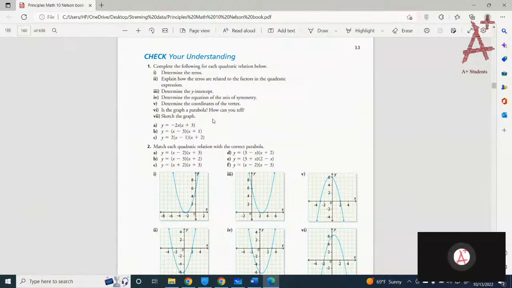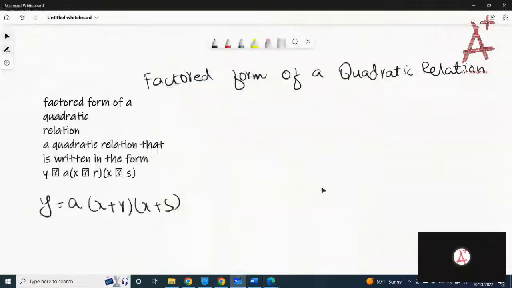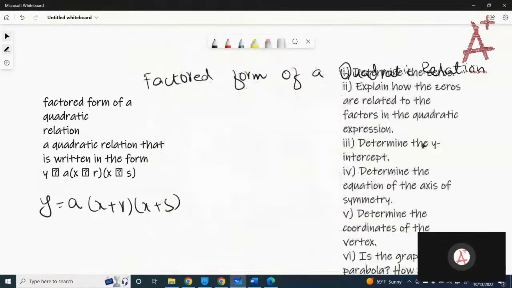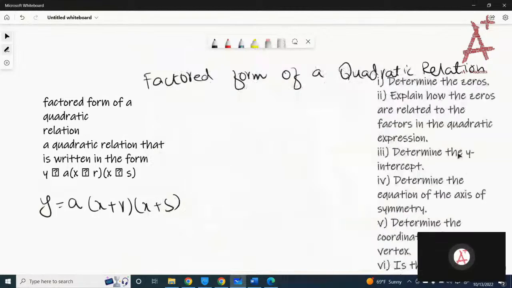Okay, you are given the equations. You have to tell all these points using the equations. Got it? So let's start with equation A. Let me just copy the points on the board because I have to go to the book again and again. These are the points we have to find.